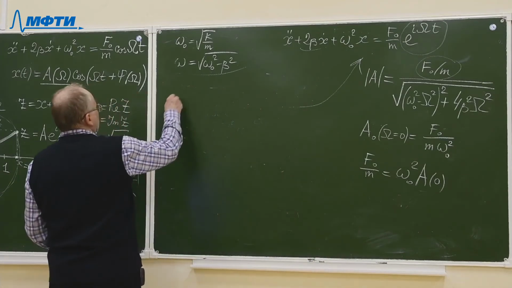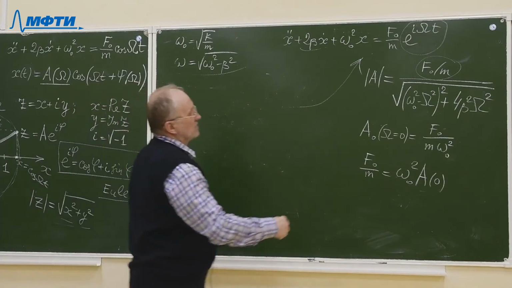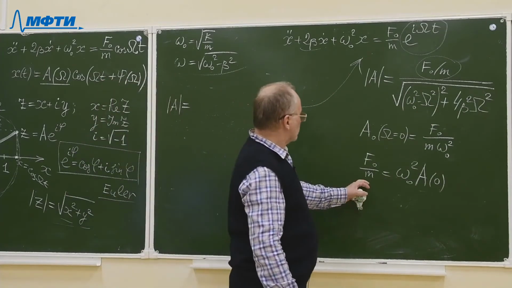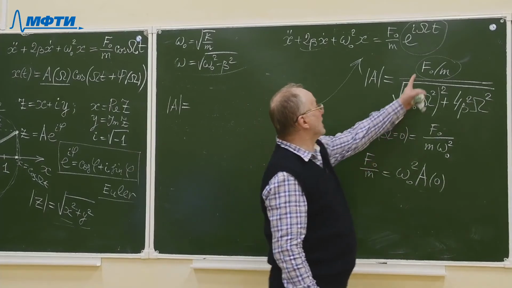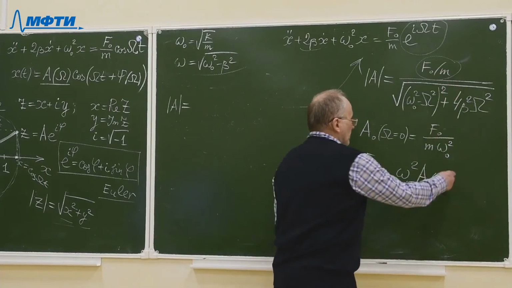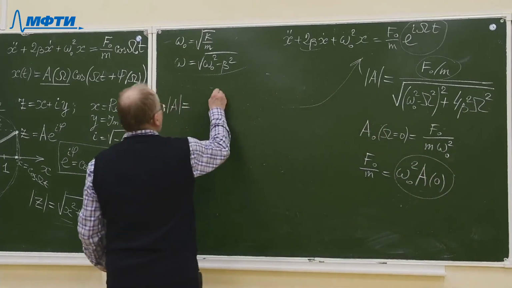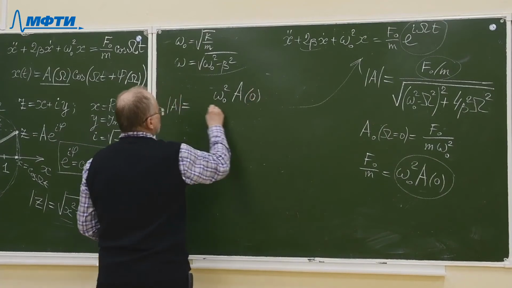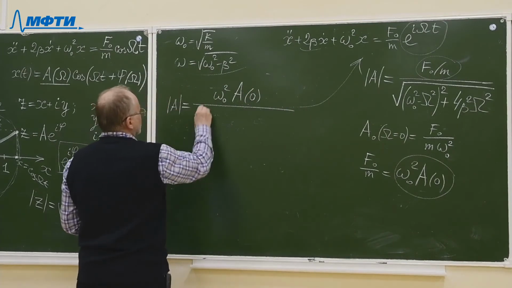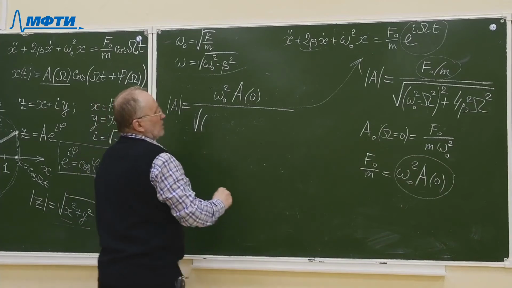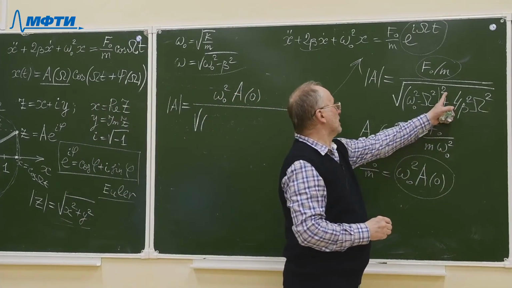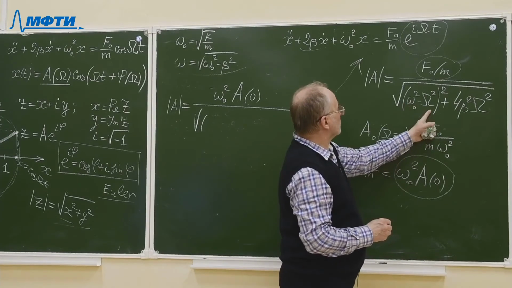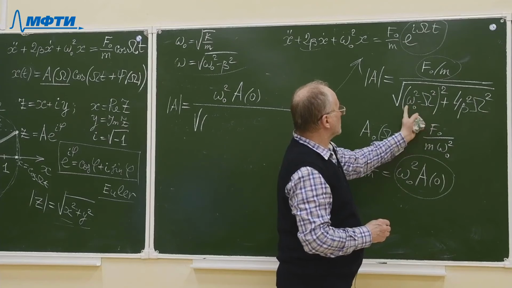So the final amplitude, or not quite final, but some preliminary expression, may be put as this: f0 divided by m, what is found in the denominator here, can be expressed as omega 0 squared times the amplitude at zero frequency, divided by all this expression, the square root of, well, if we have this round bracket squared, then it doesn't matter what the order of terms is here.